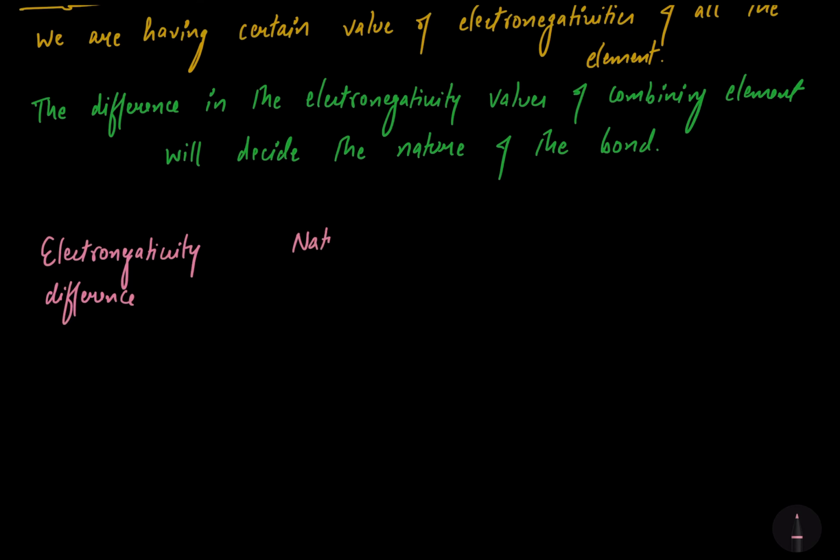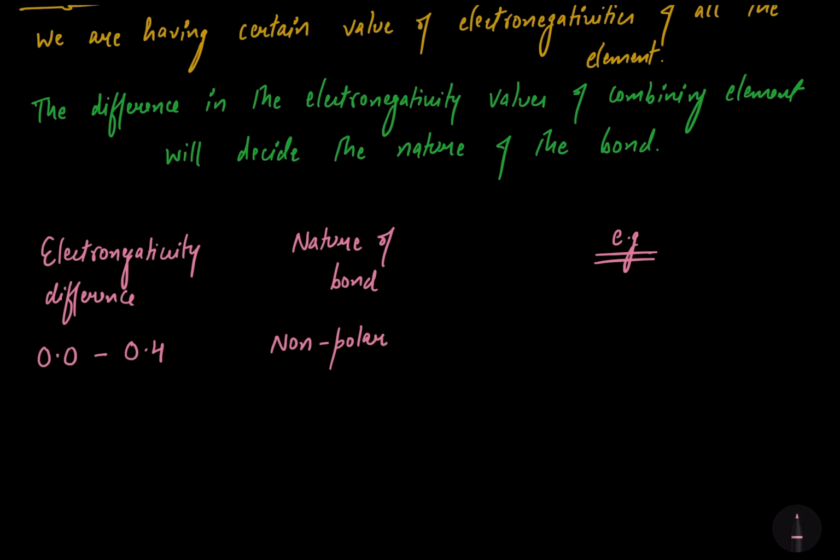In the next column, we are having nature of bond, and at this point I will mention the examples. So, if the electronegativity difference is in the range of 0.02 to 0.4, then that bond will be non-polar.